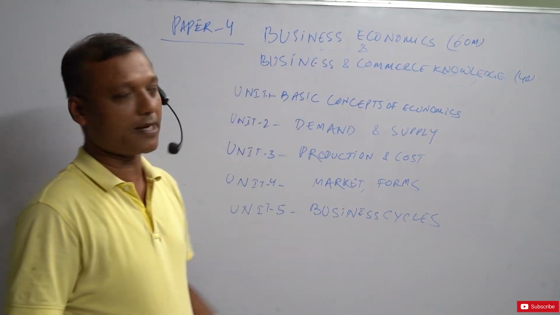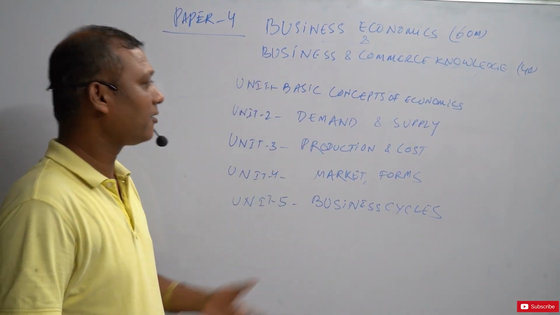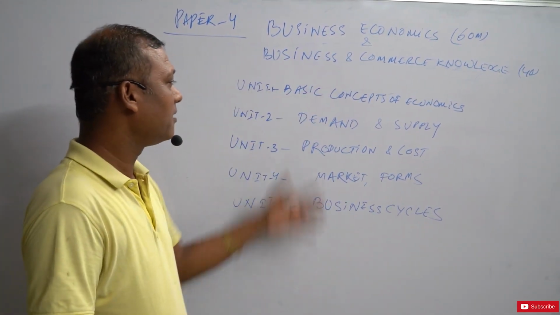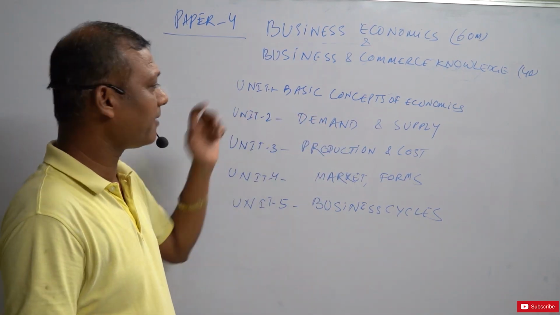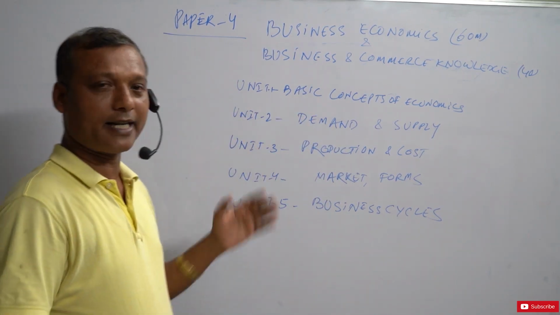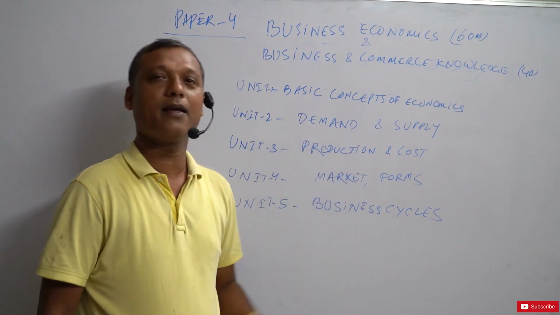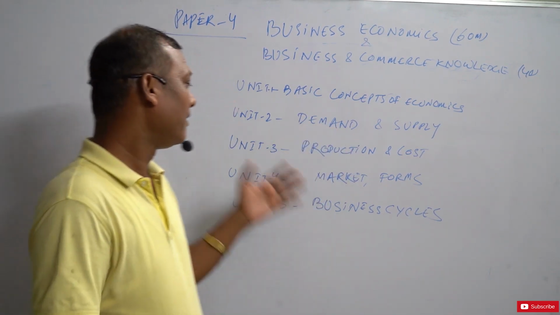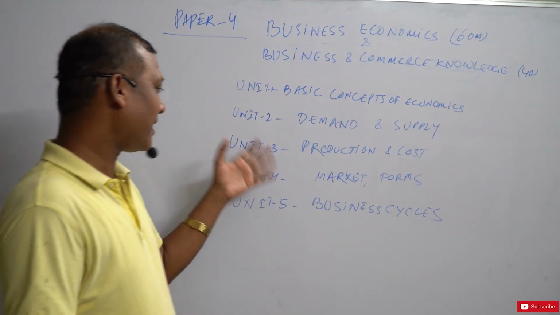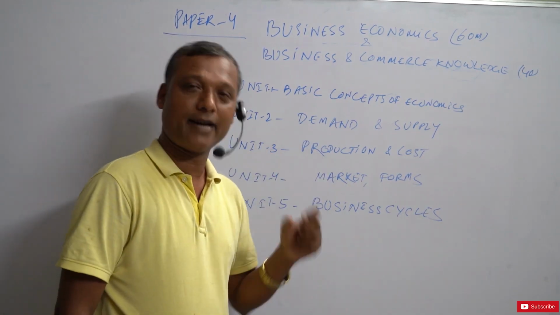Under Business Economics, we will discuss the basic concepts of economics. That will be Unit 1. Under Unit 2, we will study what is demand and what is supply, a very important chapter in economics. In Unit 3, we will start with production. What is production?